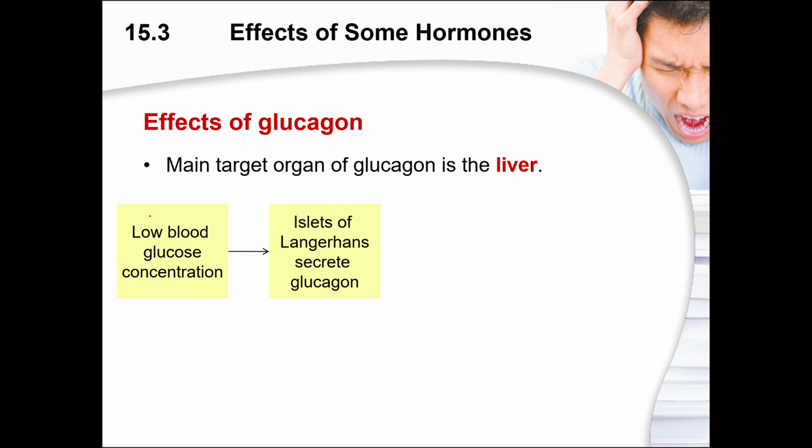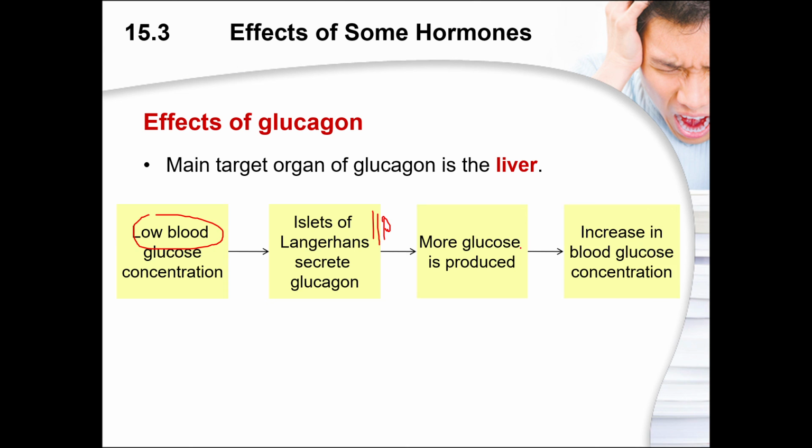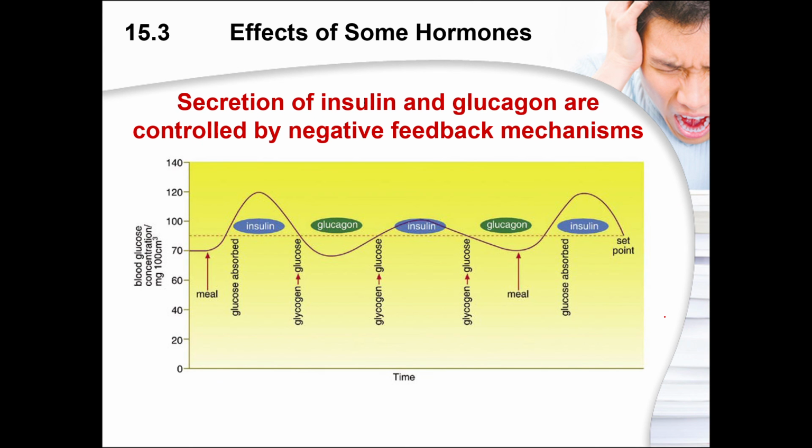When there's a low blood glucose concentration, for example, if you starve for more than 6 hours and your blood glucose concentration is really low, your body needs to somehow get the glucose back. So it will stimulate the islets of Langerhans, which you should recall are in the pancreas, to secrete glucagon. Then glucagon moves to the liver, where it exerts its function.